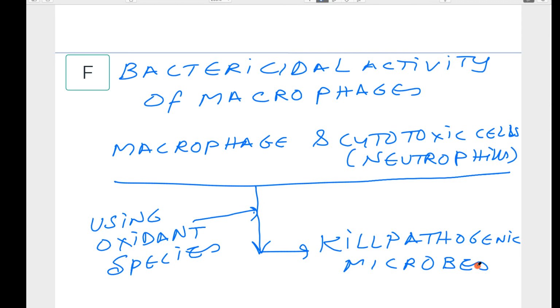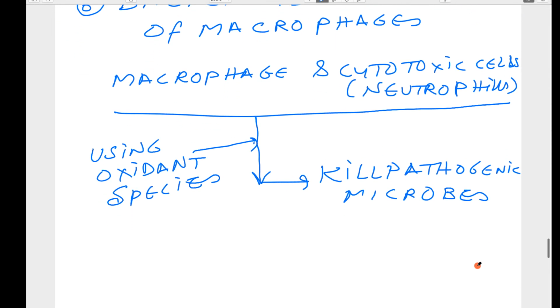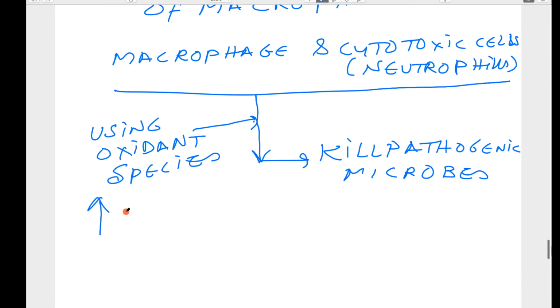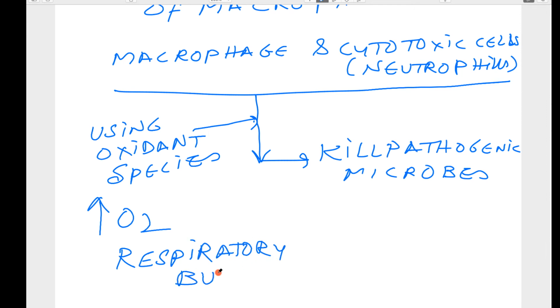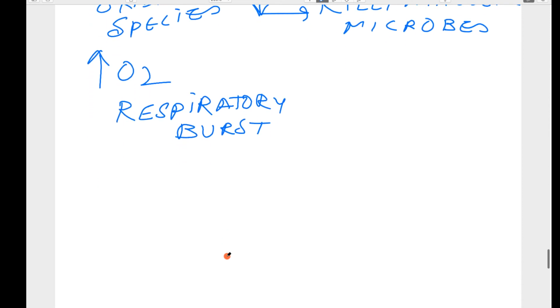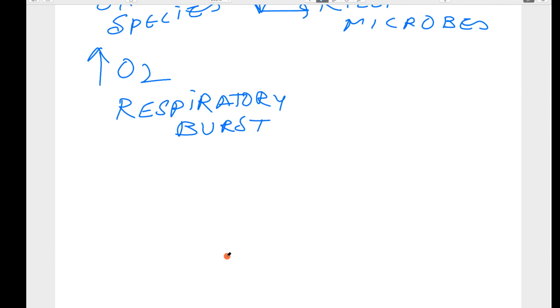During that period, there is increased consumption of O2. Increased consumption of O2, we call it respiratory burst. Here, free radicals are produced and used for the beneficial function of the cell.